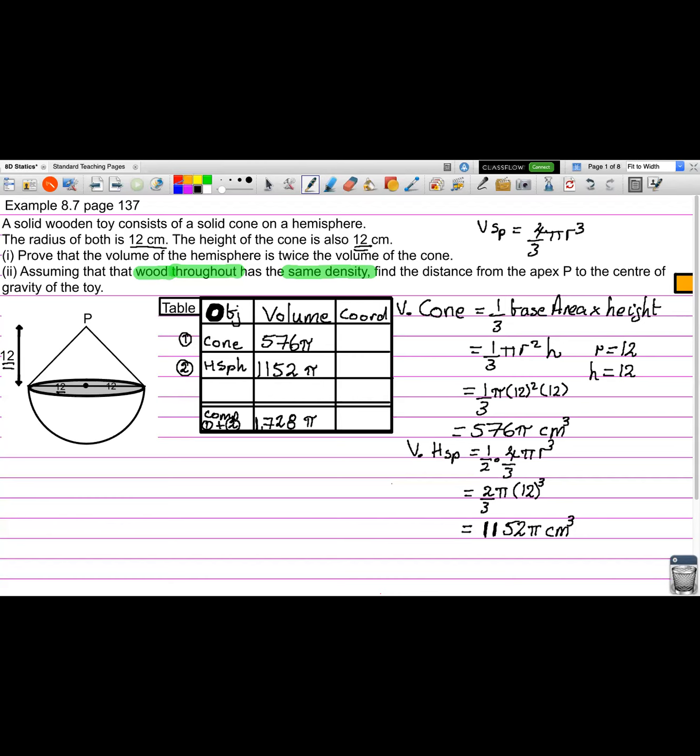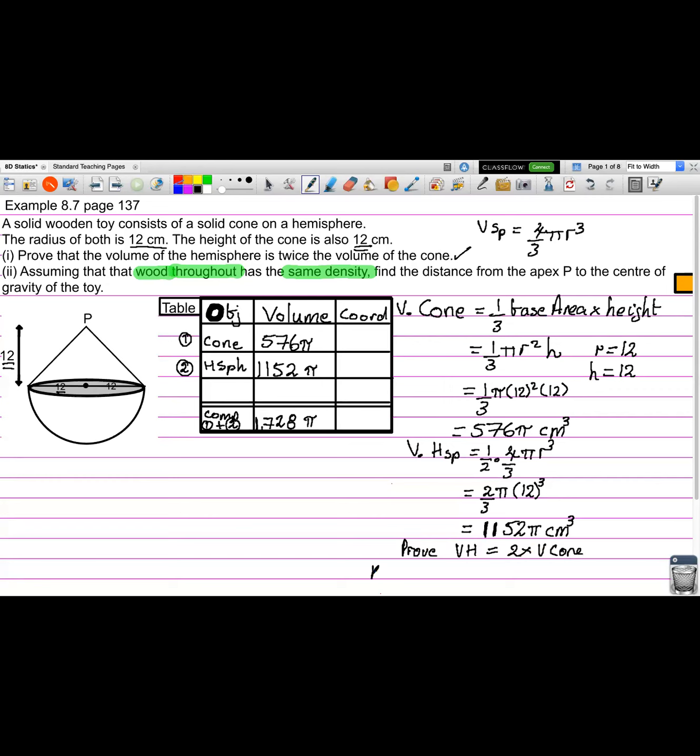Oh, sorry. I didn't answer the first one quite yet. It says here, prove that the volume of the hemisphere is twice the volume of the cone. So I need to prove that the volume of the hemisphere is equal to 2 times the volume of the cone.